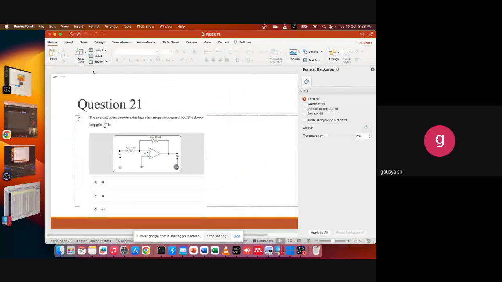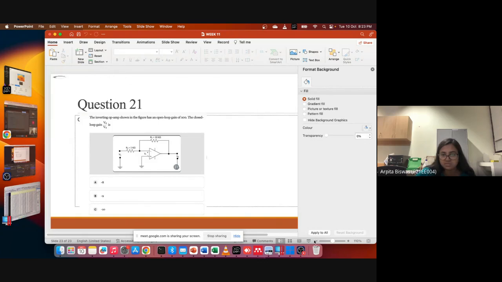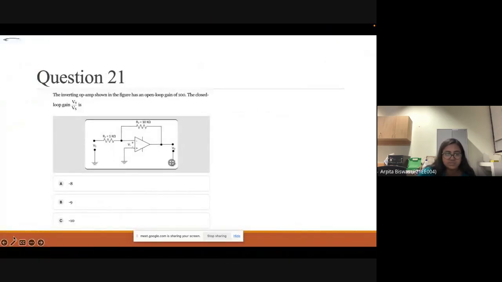If the open loop gain is not given, then for an inverting amplifier V output by V input is minus RF by RN, and from this formula you can find it. But here the open loop gain is given, so in that case, how to find it?